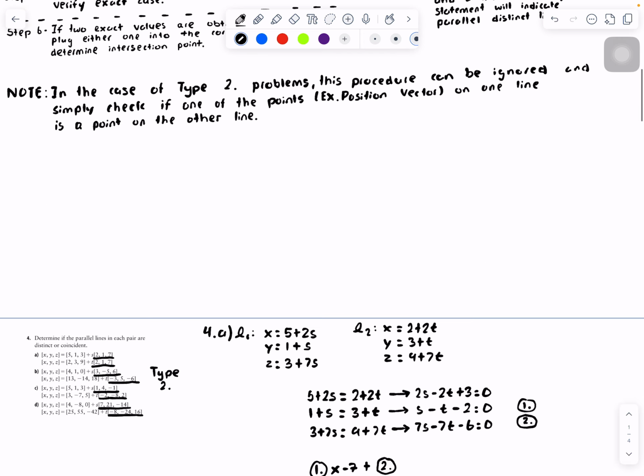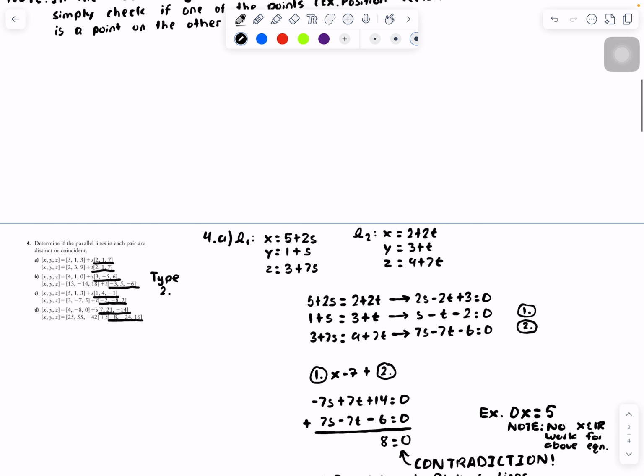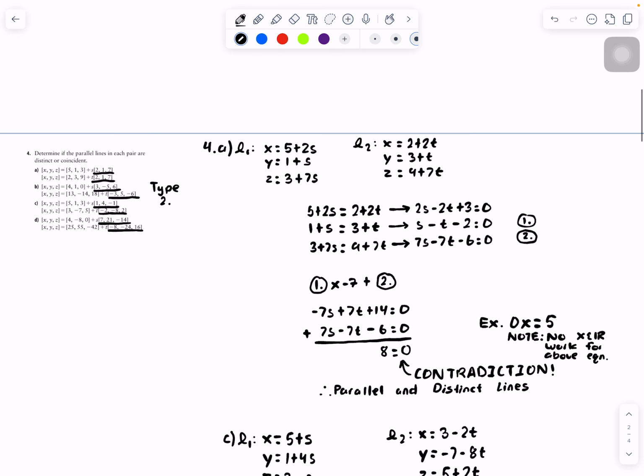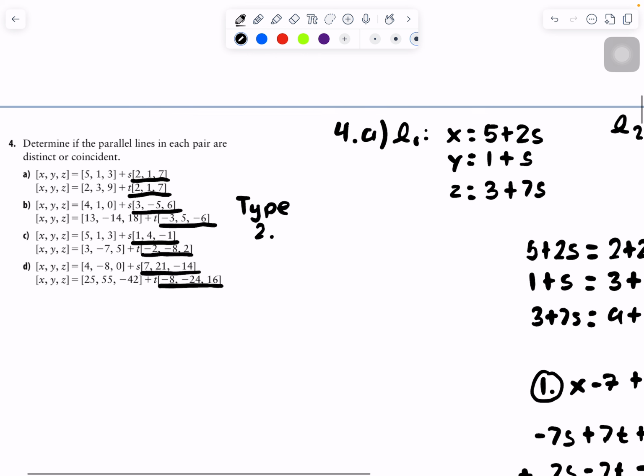Okay, so let's get into it now. So here we're solving questions 4A and C, and it's asking us to determine if the parallel lines in each pair are distinct or coincident. These are all type 2 problems because, as you can see, each of the direction vectors for each line are scalar multiples of another.